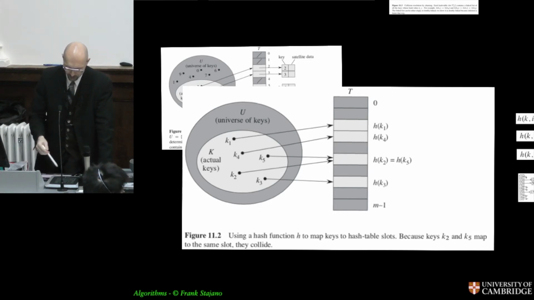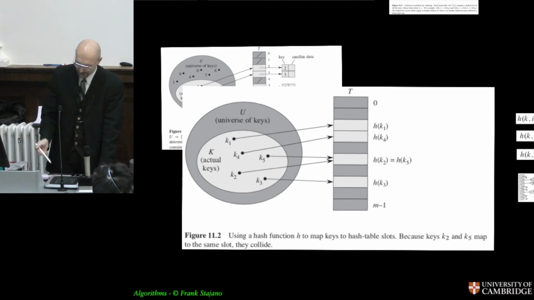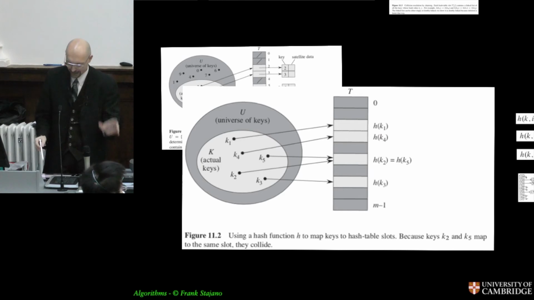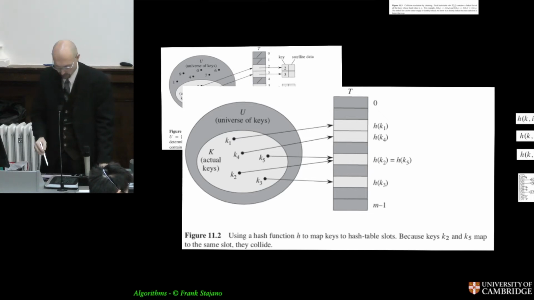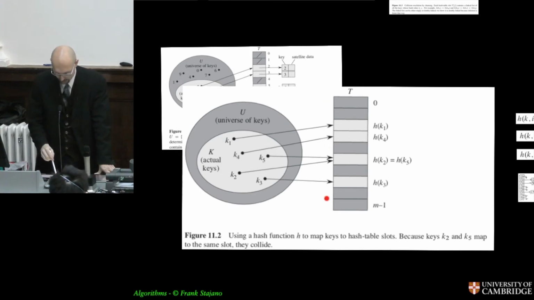So clearly I'll want to have some margin. It's obvious that this hash function, just from a counting argument, a cardinality argument, there will exist some values of k that produce the same hash output, because there are many more values in the universe of keys than there are slots from 0 to m minus 1.